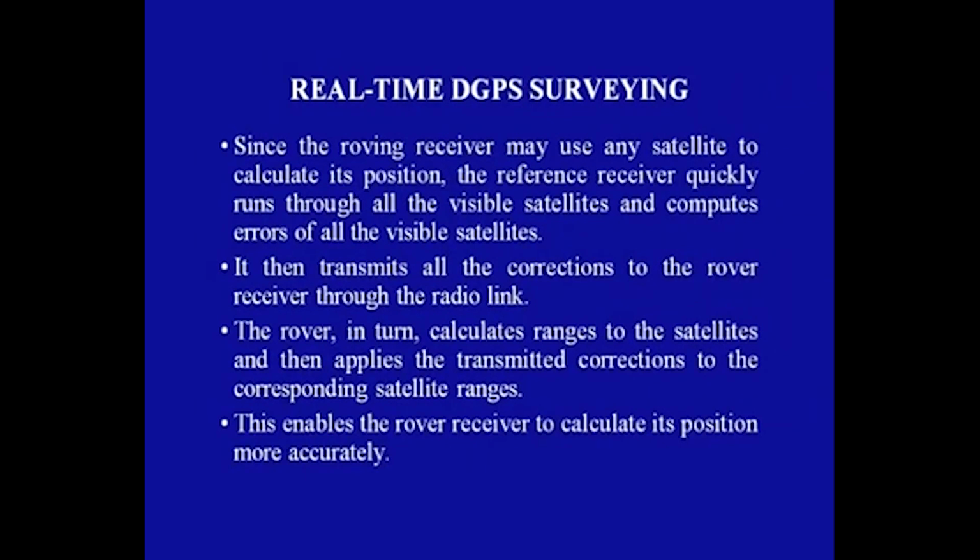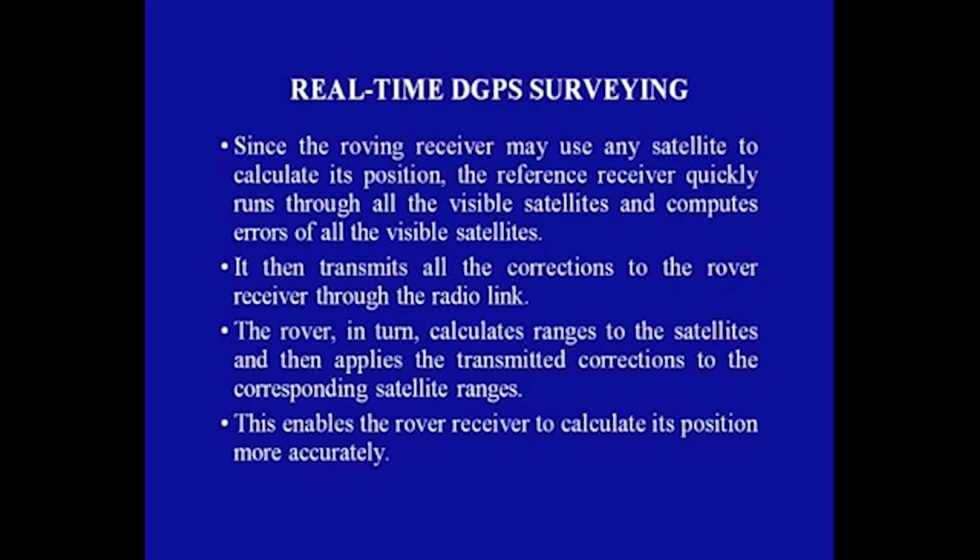Since the roving receiver may use any satellite to calculate its position, the reference receiver quickly runs through all the visible satellites and computes errors on all of them. It then transmits all the corrections to the rover receiver through the radio link.